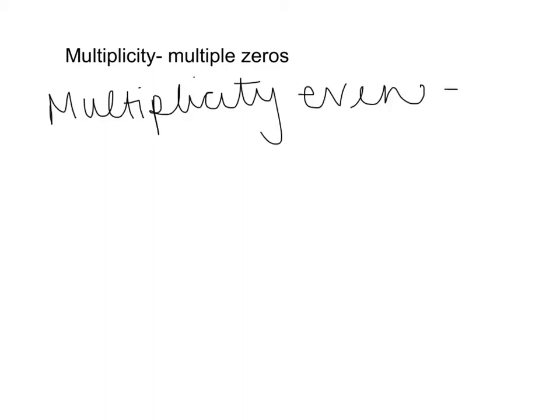In this section, we are talking about multiplicity, and multiplicity is where you are going to have multiple of the same zeros, and the multiplicity is going to affect the way the graph behaves. If the multiplicity of a zero is even, it is going to cause the graph of the function to bounce at that zero.